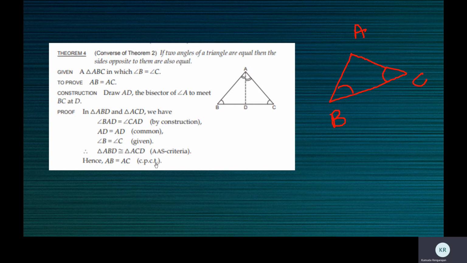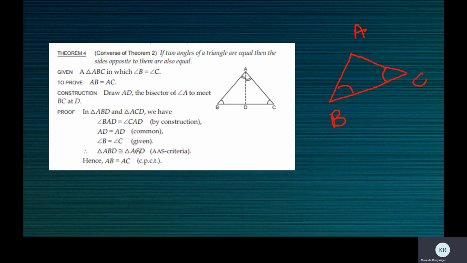So AB is equal to AC by CPCT, or simply CPCT. You can see it here, AB is equal to AC.